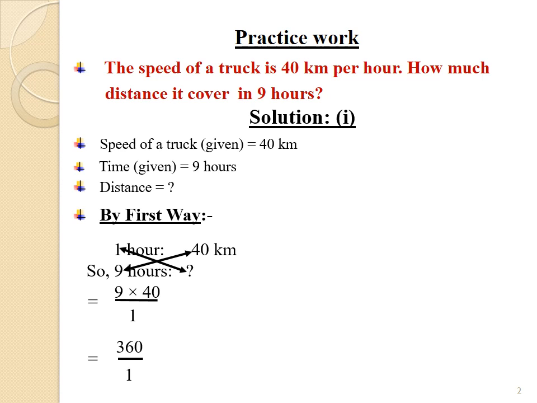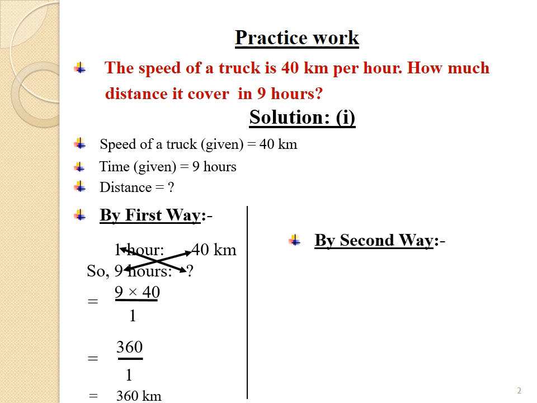Students, now we have to divide 360 by 1. We know that when we divide any number by 1, we get the same number. Thus, dividing 360 by 1, we get 360 kilometers. Now, by the second way, using the formula of distance.